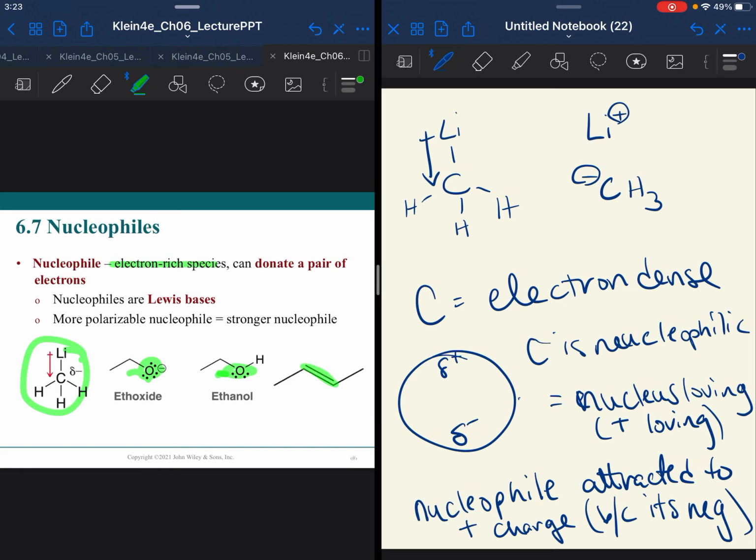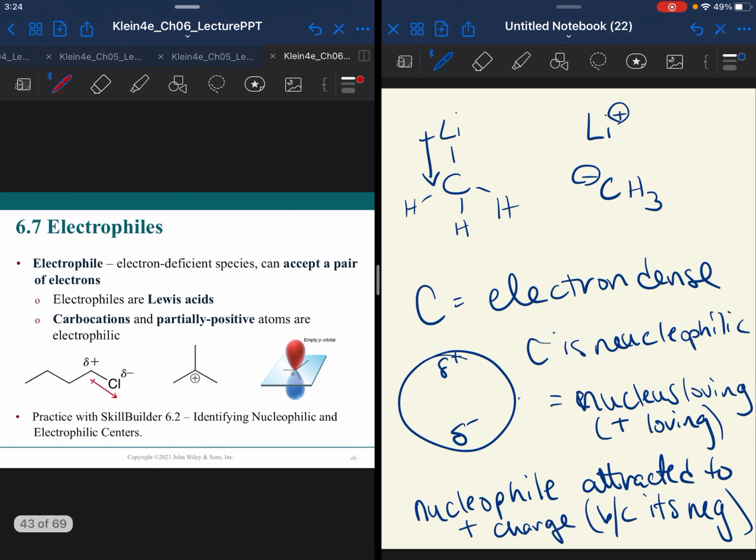And in some cases, something we're going to talk about extensively in chapters 8 and 9, think about all that extra electron density in a multiple bond. So a lot of our reactions of double and triple bonds push forward because of all of that electron density in that multiple bond, right? Lots of electron density, very negative, makes it a good nucleophile.